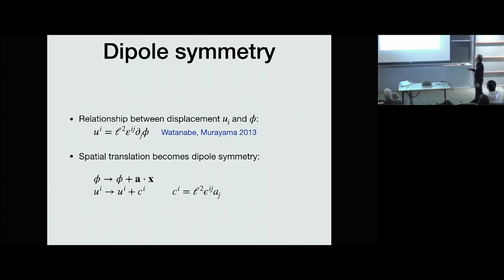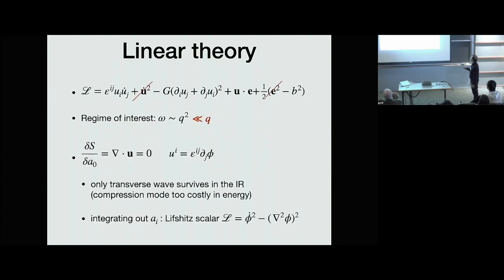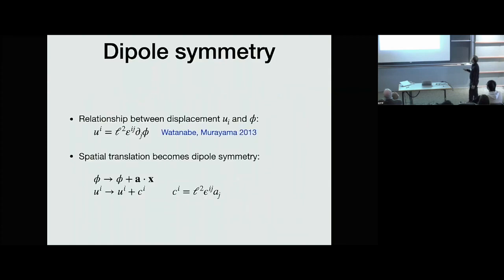And the reason is the following. We have a relationship here: U is equal to curl of phi. So here I'm going to be a little bit more careful and introduce a length scale, L square, so that phi is dimensionless. And so this relationship tells us that the spatial translations are a dipole symmetry.